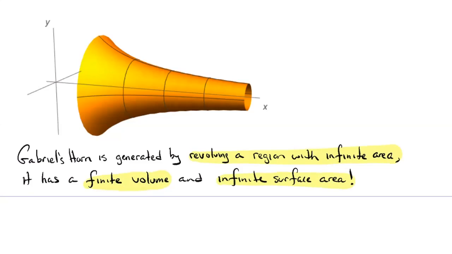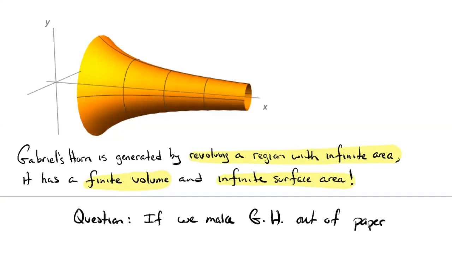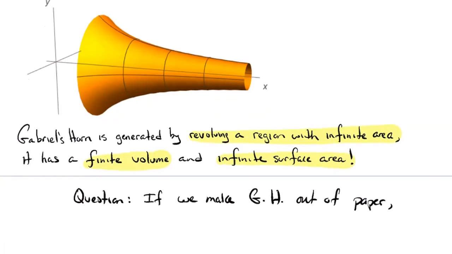I'm going to end this video with just a question. Imagine that you created the surface of this Gabriel's horn with something porous like paper. And then we fill it with paint.